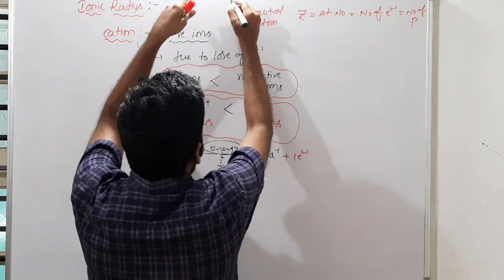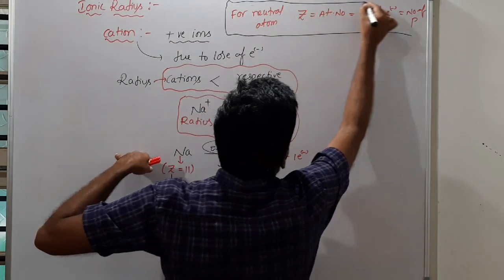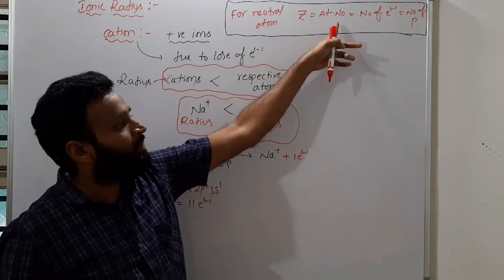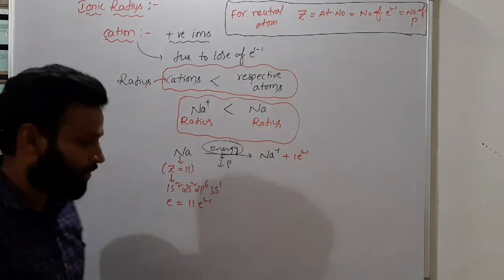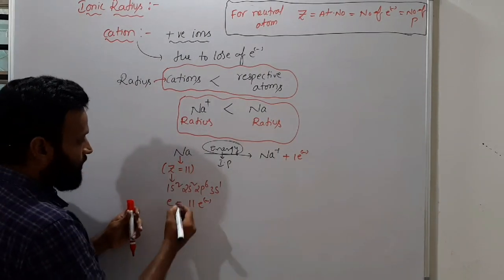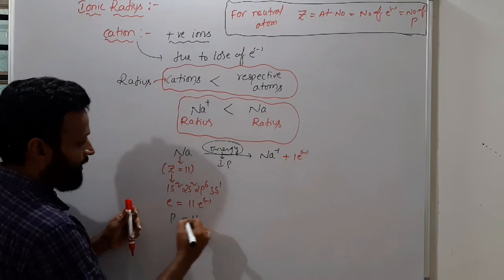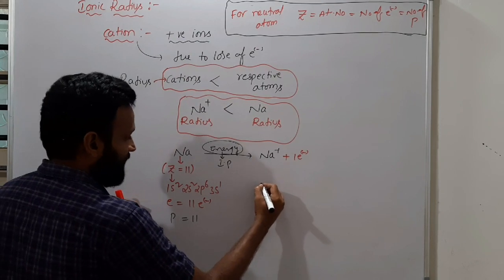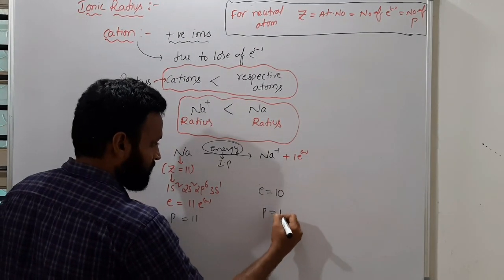This is a very important thing. So for sodium, electrons are 11 and protons also 11. Whereas in Na+, electrons are 10 and protons are 11.